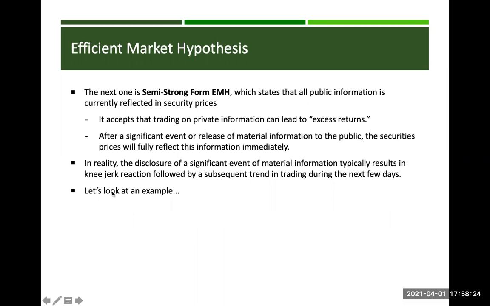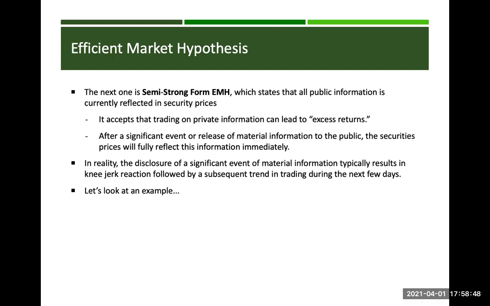All right, so strong form might not be the best representation of reality. Let's talk about semi-strong form next. So semi-strong form is similar, except only public information, only information that is currently publicly available is reflected in security prices.